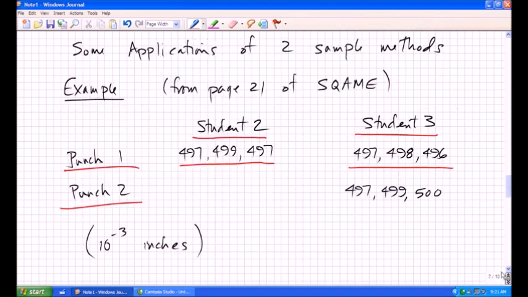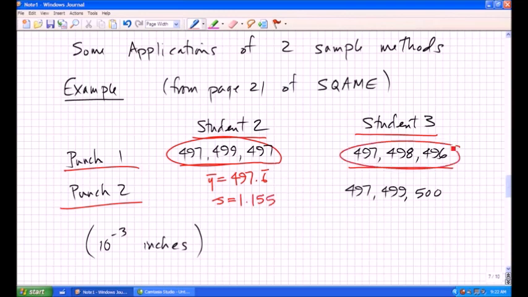Some summary statistics here are that this has a y bar of 497.6 and a sample standard deviation of 1.155.